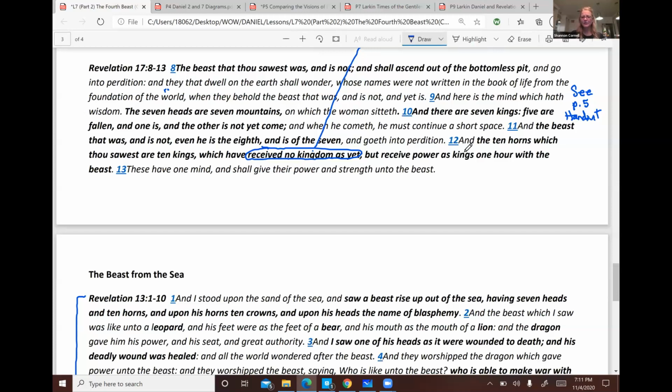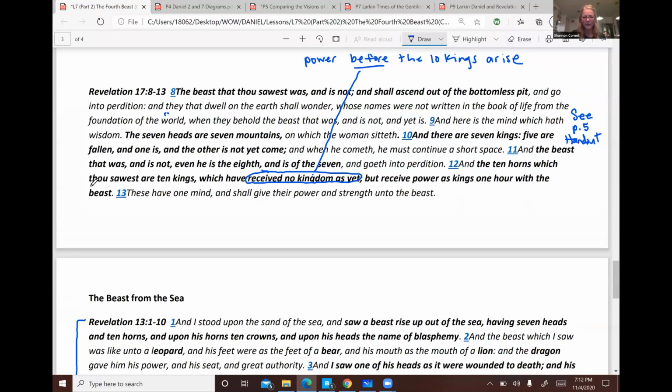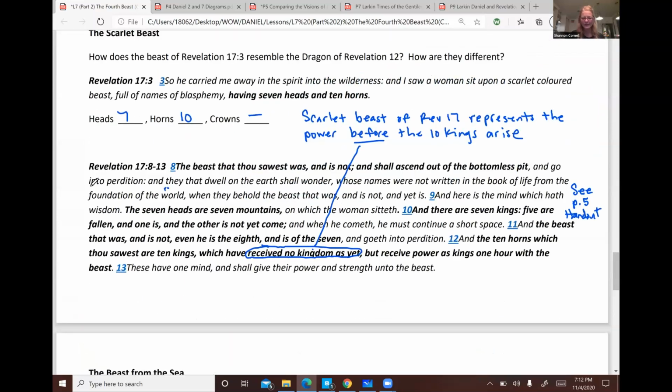Then we proceed to the horns, and the 10 horns which thou sawest are 10 kings which have received no kingdom as yet, but receive power as kings one hour with the beast. So remember up here when we were counting heads and horns, we said this first beast of Revelation 17 has 7 heads and 10 horns, but the crowns weren't mentioned. That's because those 10 horns, those 10 kings have not yet received power.